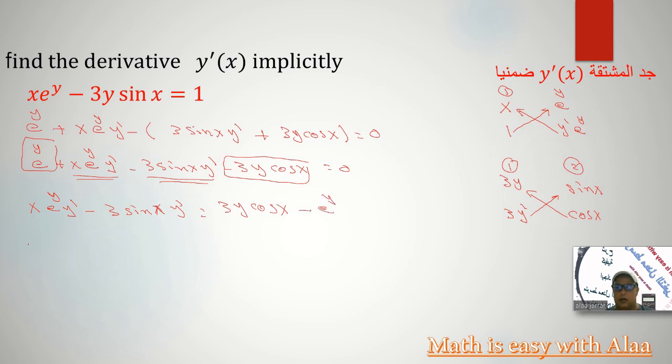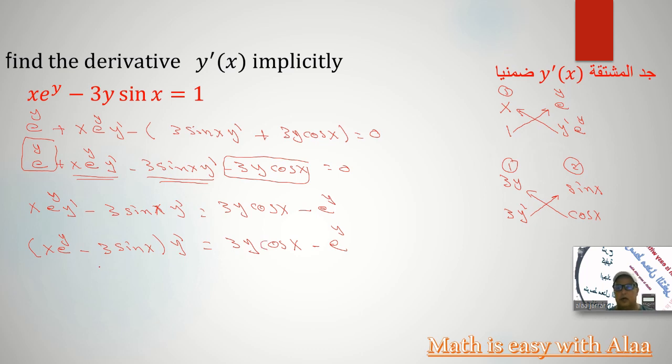Now take y prime as a common factor, so it will be open brackets x e to the power y minus 3 sine x, close the brackets, and put y prime outside, equal 3y cosine x minus e to the power y.